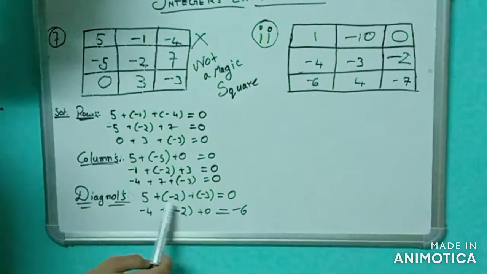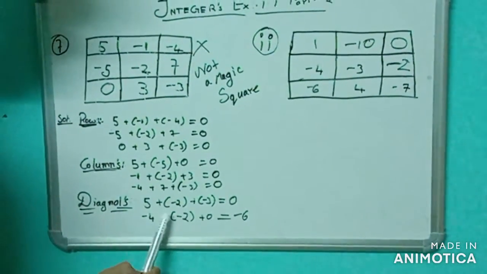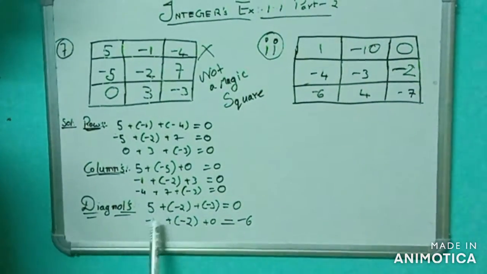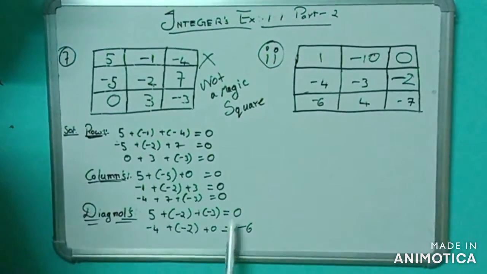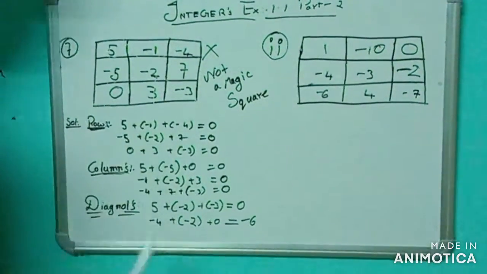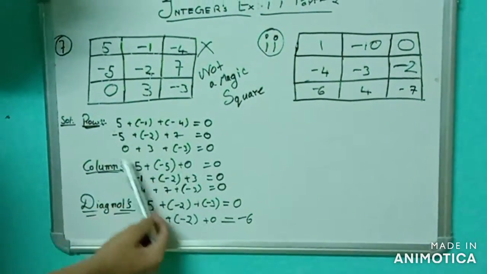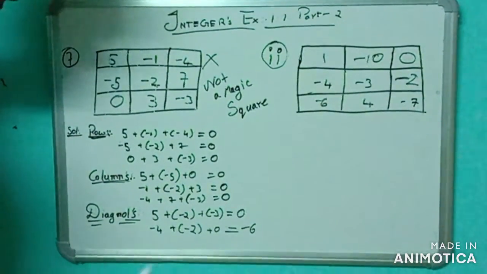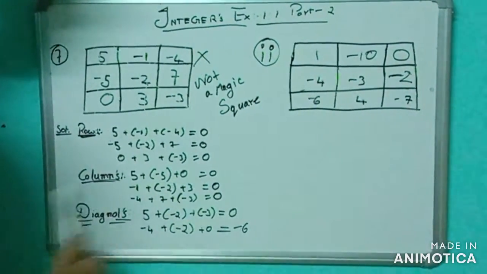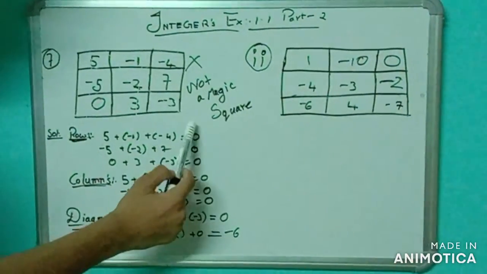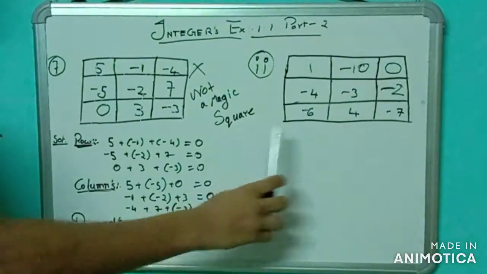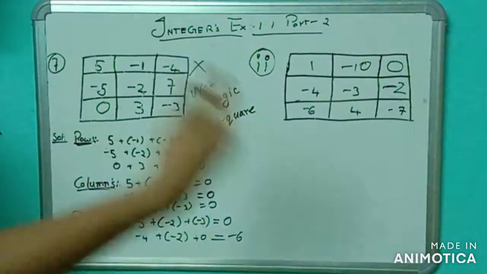Here minus 4 plus minus 2 is equal to minus 4 minus 2, because minus times plus is minus. So minus 6 plus 0 is equal to minus 6. So this is not a magic square, because the rows have the value 0 and the columns have the same value 0, but the second diagonal does not have the same value. If all these values are 0, then it is called a magic square. We have to do the second sum also, with the same procedure.